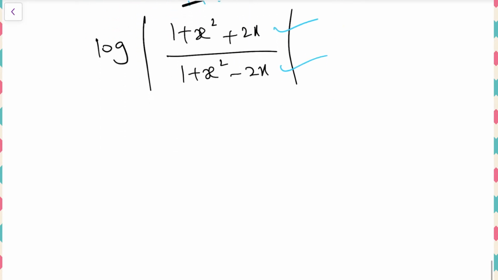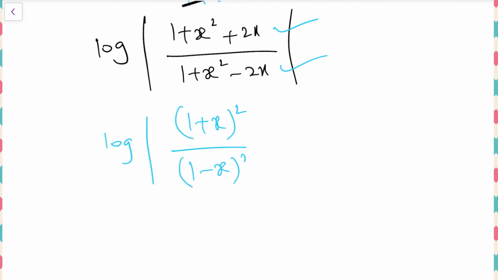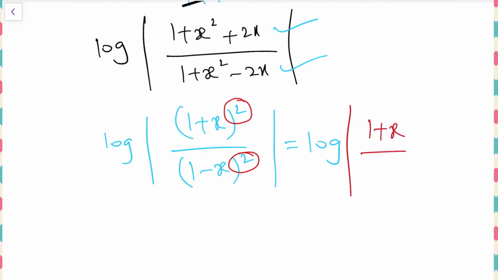So if we simplify that, we get log modulus of numerator (1 plus x) whole square by denominator (1 minus x) whole square. Log as usual, for the numerator square is there, for the denominator also square is there, so I will simplify it as (1 plus x by 1 minus x) whole square.